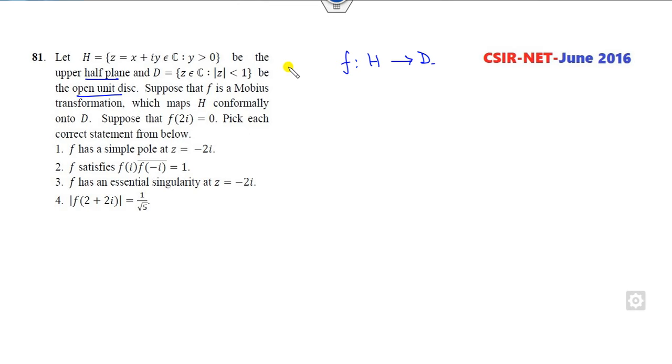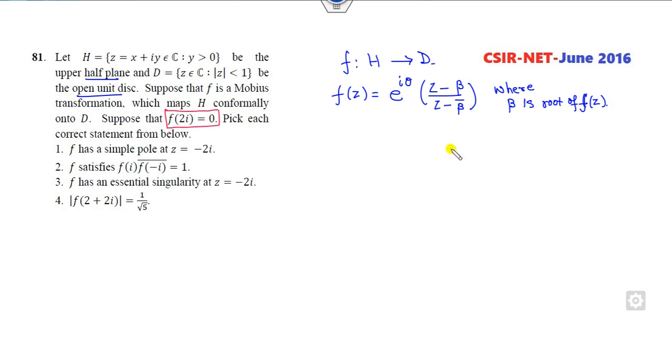So what kind of function always exists in this case? It is always of this nature, (z minus beta) divided by (z minus beta bar), where the unknown is beta, and beta is the root of f(z). Here beta is 2i.